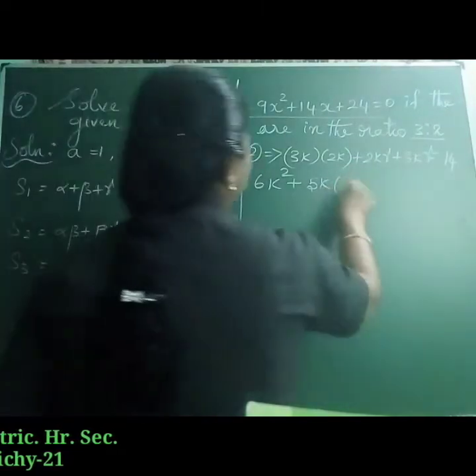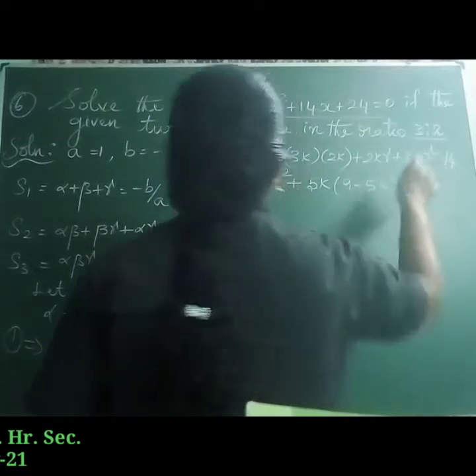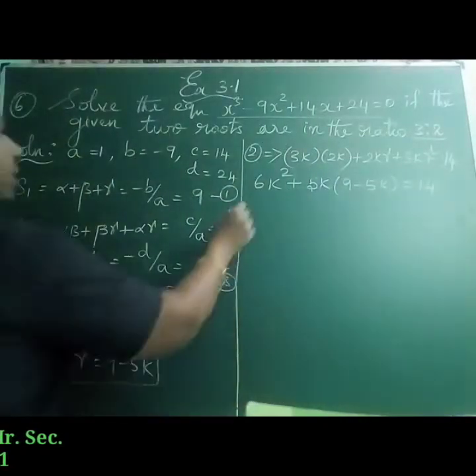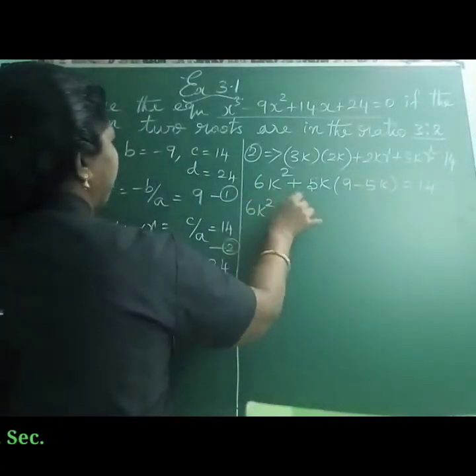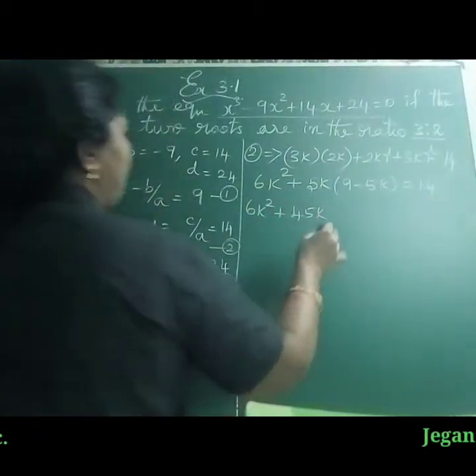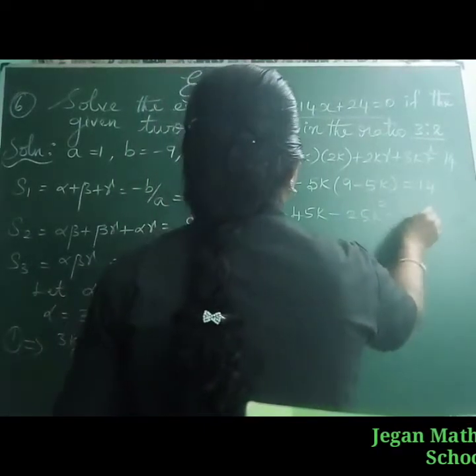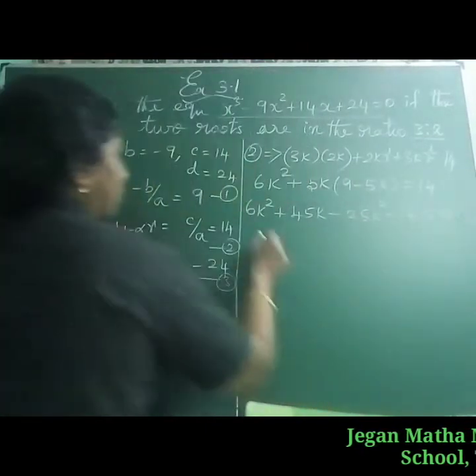If you substitute 9 minus 5k for gamma, we get one quadratic equation. So 6k square plus 45k minus 25k square minus 14 equal to 0.